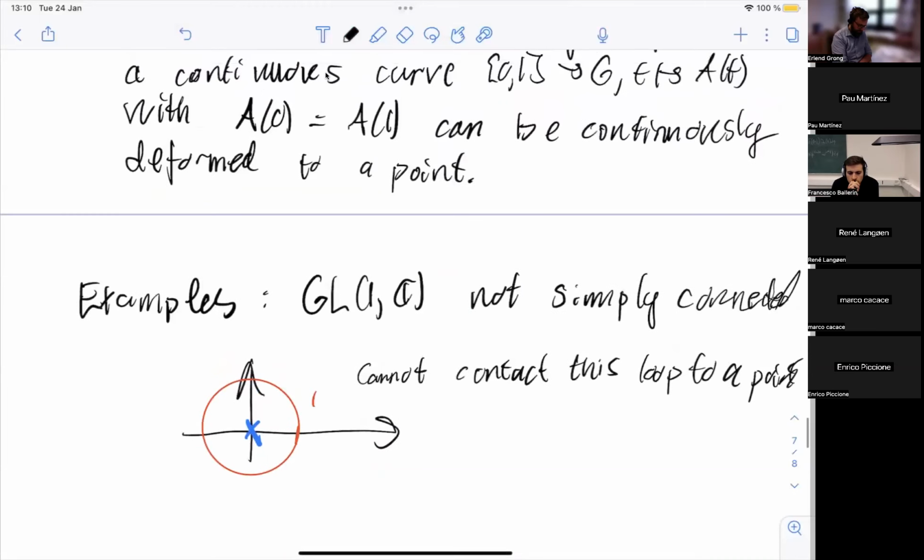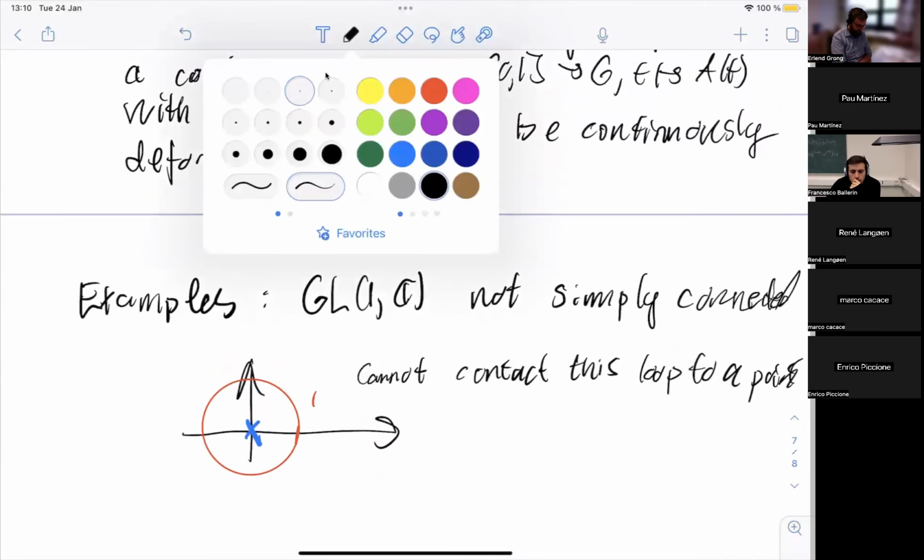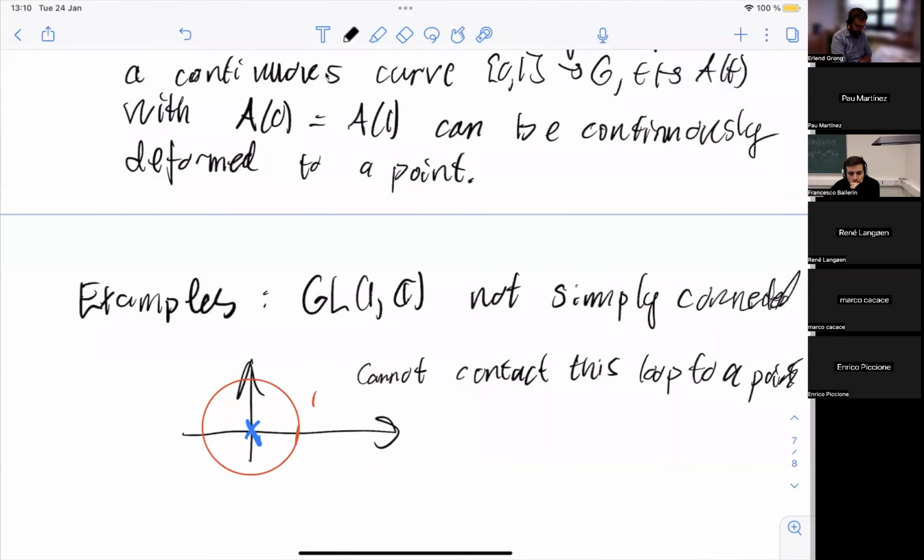So let's see. Let's write here while keeping endpoints fixed.